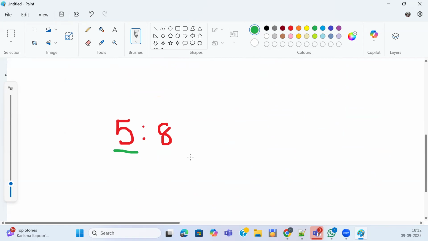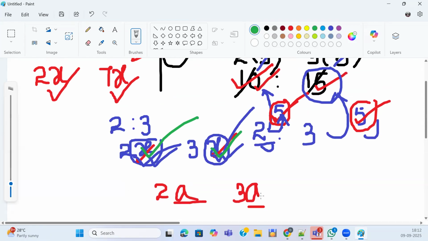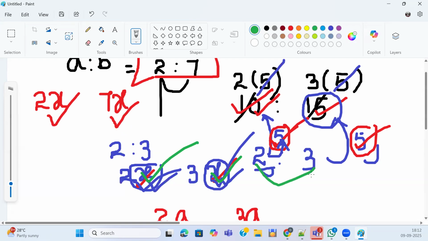Now tell me, if my ratio is 5 is to 8, then what is my original number? How can I write this original number? 5 into 8 equals 40. Akshara, what is this? Your brain is not at all working. Did I multiply 2 into 3 to get the original numbers?